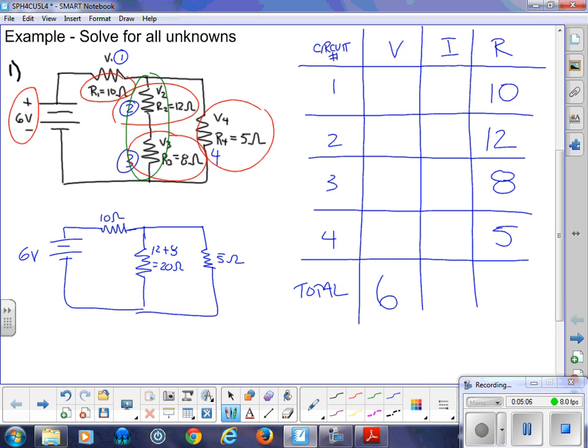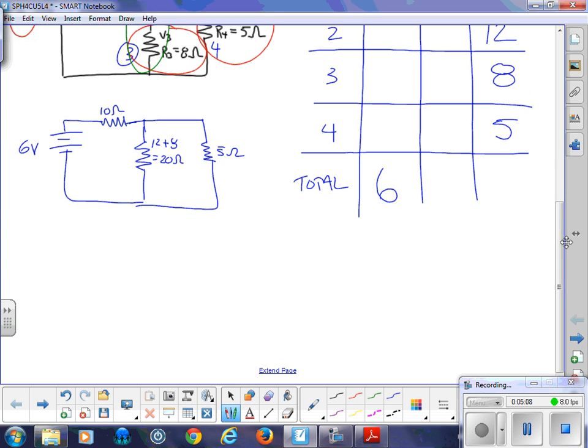I'm going to redraw the circuit again because I still don't know. The only thing I can go for is total resistance. So that's what I'm heading for. I'm trying to find this value right here. I need to know the total resistance because that's really the only piece of information I can get. And we do that by simplifying the circuit. So the next drawing, 6-volt battery again, 10 ohm resistor here.